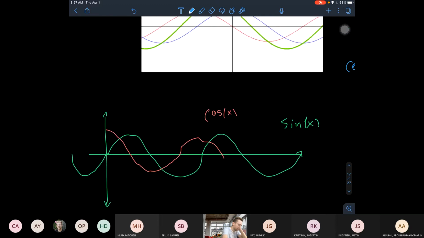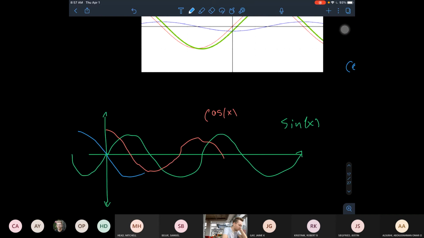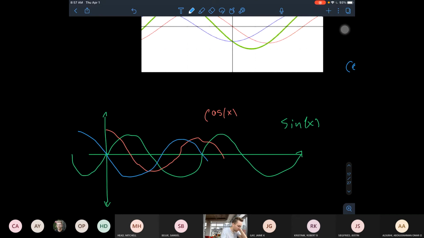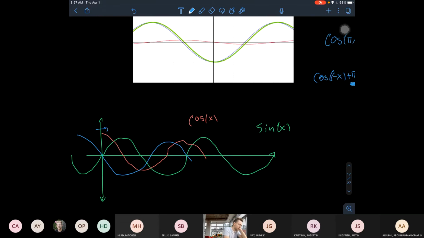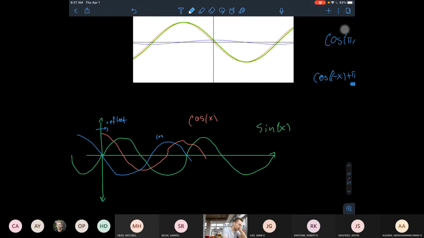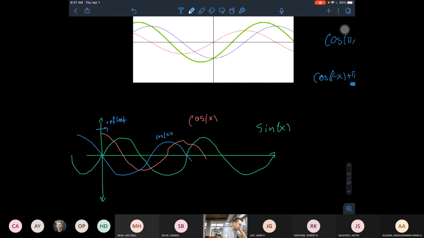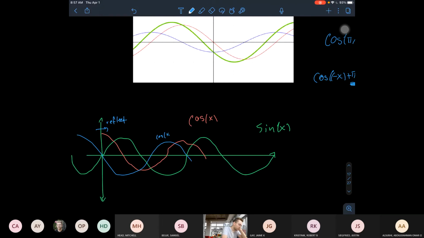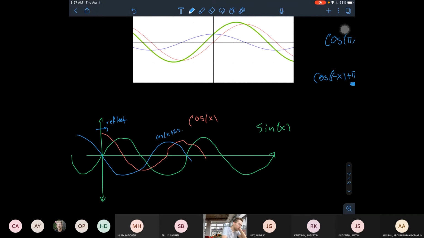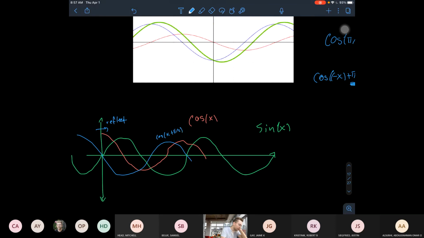If I move cosine pi over 2 units to the left, it's going to look more like this. And then if I reflect about the y-axis, so this is cosine of x plus pi over 2. We moved everything to the left by pi over 2 units.